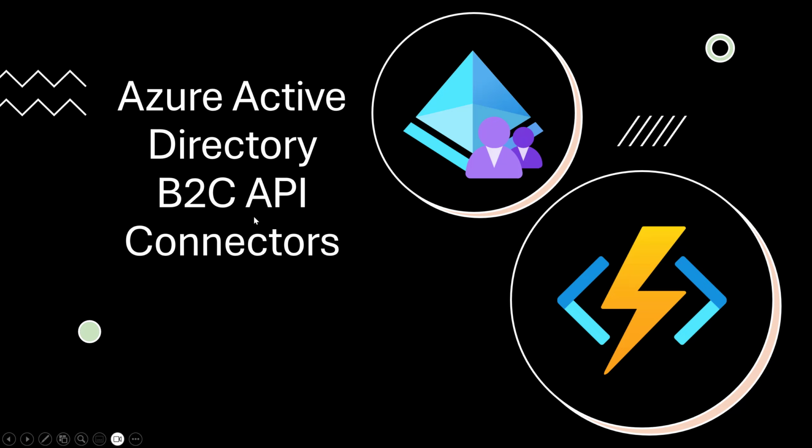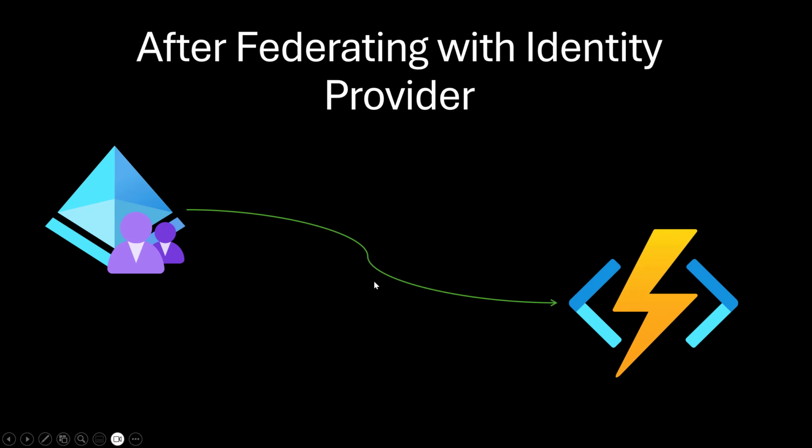A new feature that has been introduced, I think last year, is the API connectors feature. This allows you to set up Active Directory B2C so that it sends an API request to your endpoints, an Azure Function or any endpoint you configure, and Active Directory will call those endpoints in three different cases.